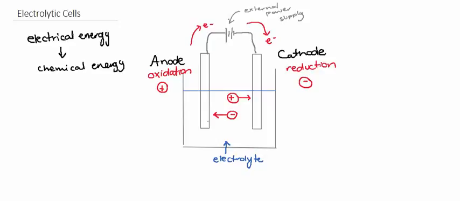Now, something that's important to take note of with the electrolyte of an electrolytic cell is that it can be aqueous or molten. And whether you're using an aqueous or molten electrolyte depends on the substances requiring oxidation and reduction.